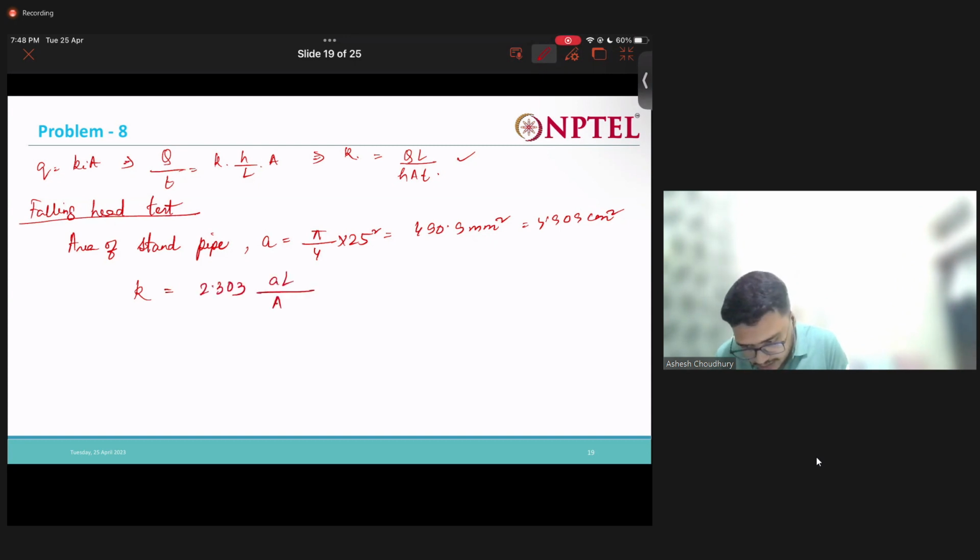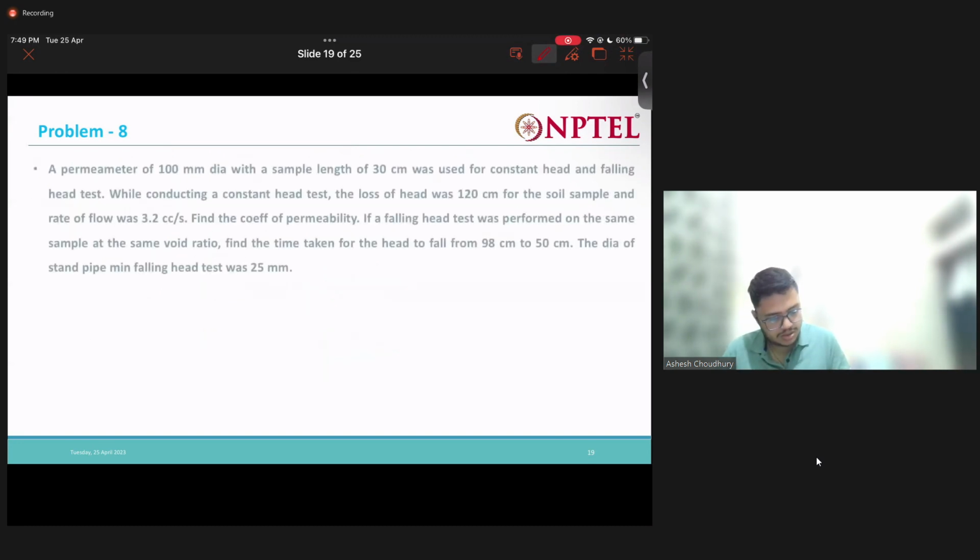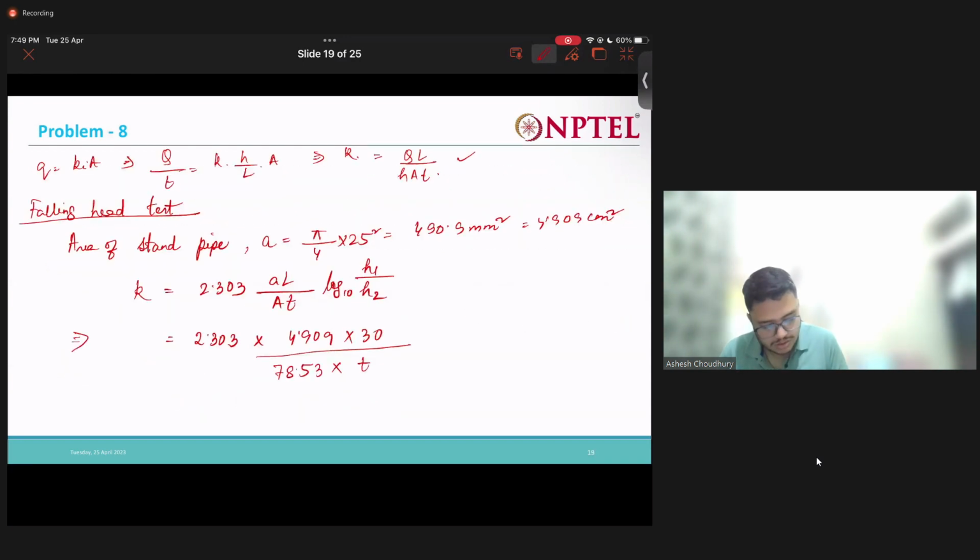A upon A t into log h1 by h2, so 2.303 into 4.909. What is L? A, capital A, and time we need to find out. Okay, and K is how much? K calculated 0.0102.